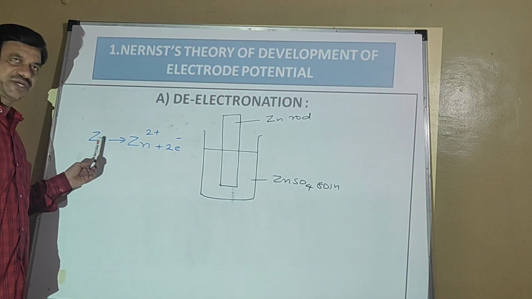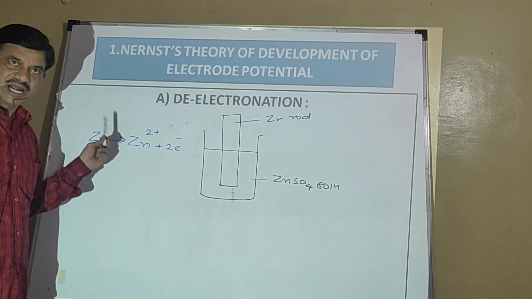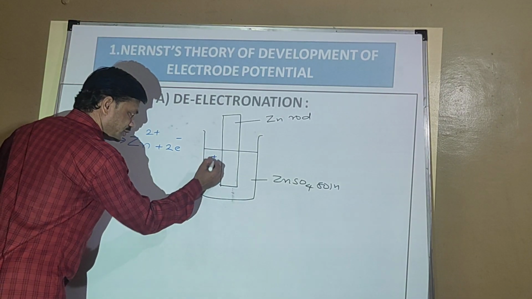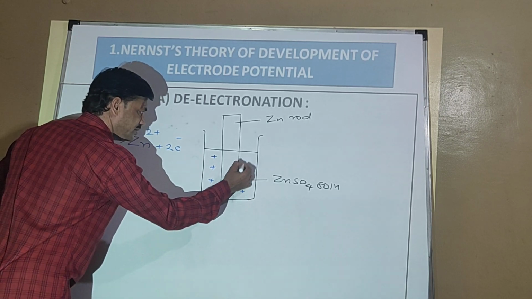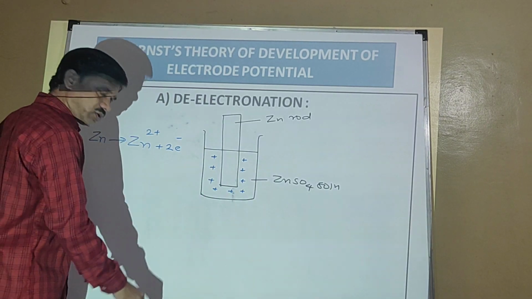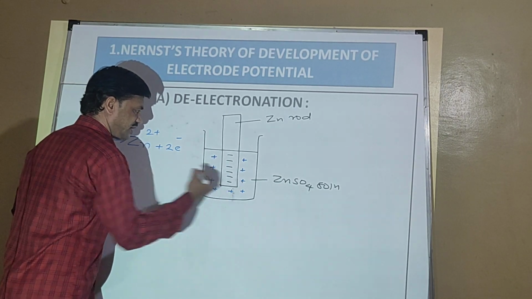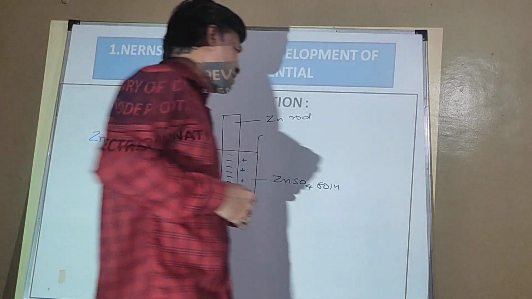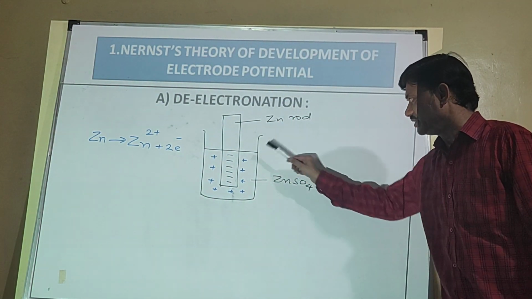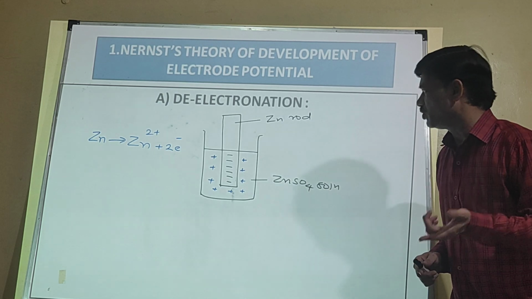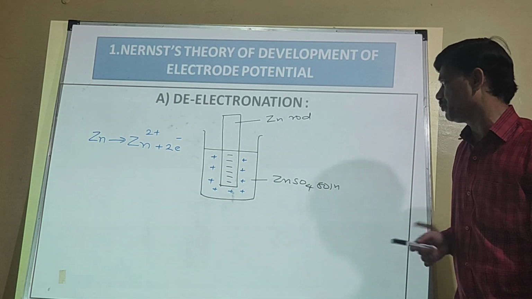So remember in this case, zinc shows tendency to pass into solution in which form? Cation. So here what we can represent? Positive charge. Then what about electrode? This carries opposite charge, that is negative charge. So in this way what happened? There is formation of electrical double layer, and that electrical double layer is responsible for potential, and that potential is called as oxidation potential.